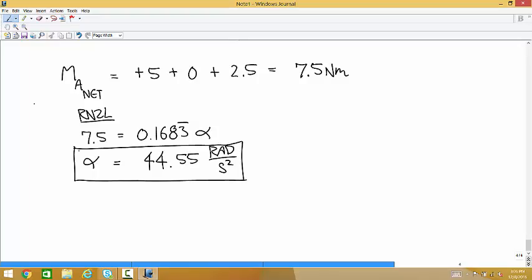Okay, so is the angular acceleration clockwise or counterclockwise? Counterclockwise because this is positive. Do we know anything about the angular velocity? Which way is it rotating? Does this tell us?